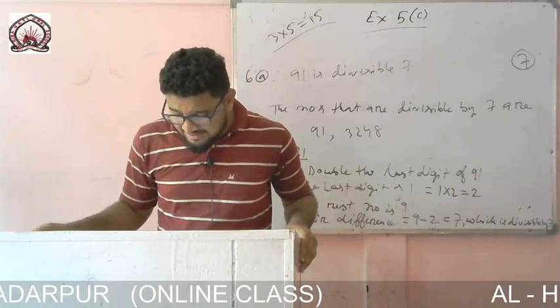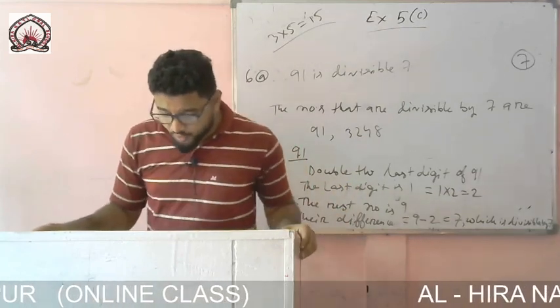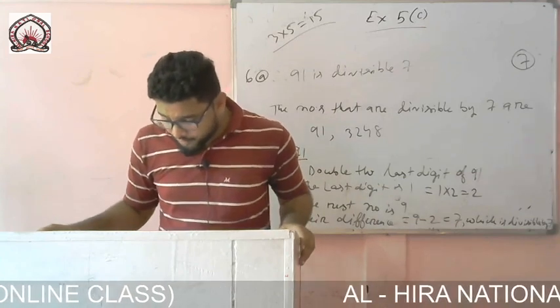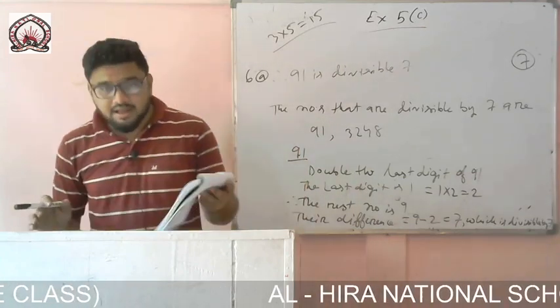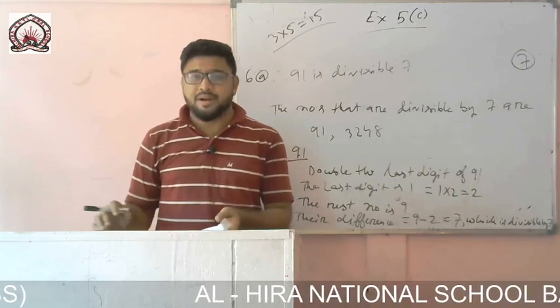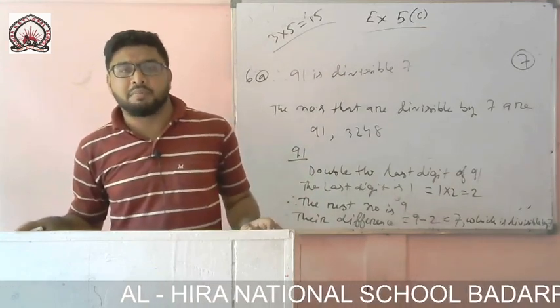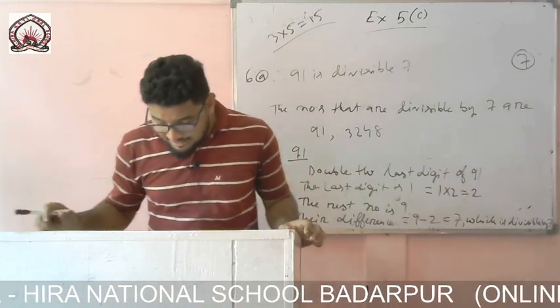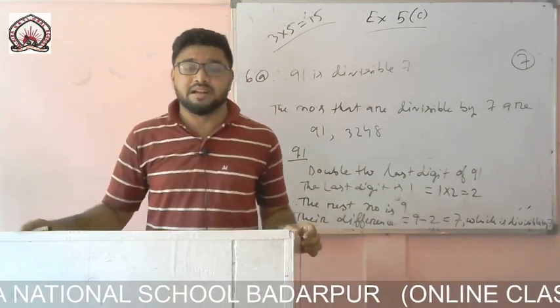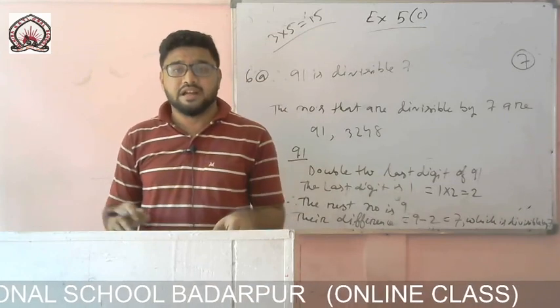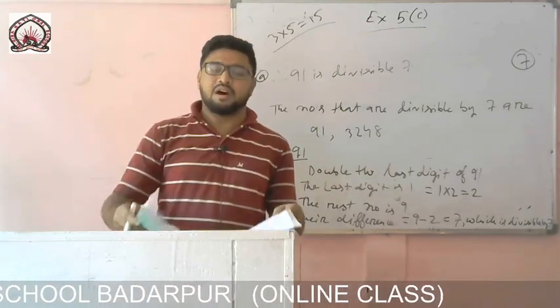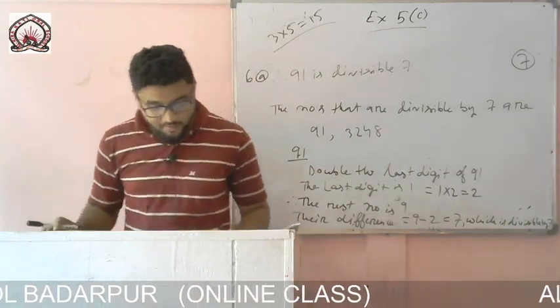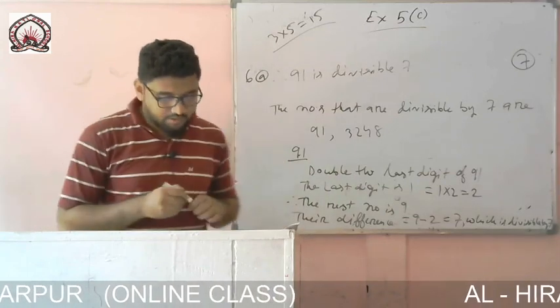Which of these numbers are divisible by 4 but not by 8? We need to check the numbers which are divisible by 4 but not by 8. We know that if the last 2 digits are divisible by 4, then the number is divisible by 4.